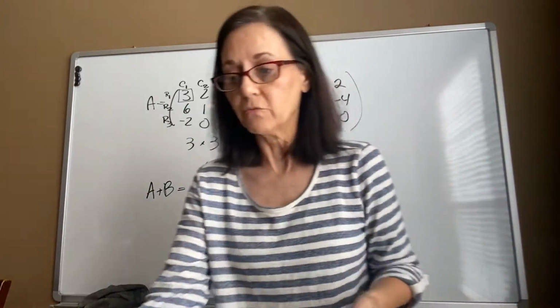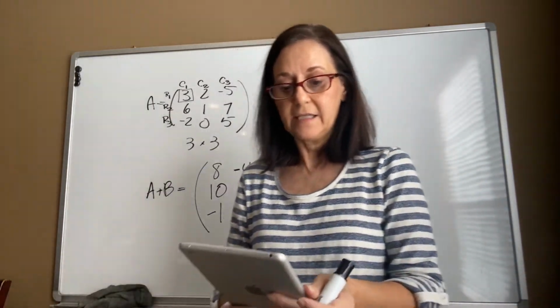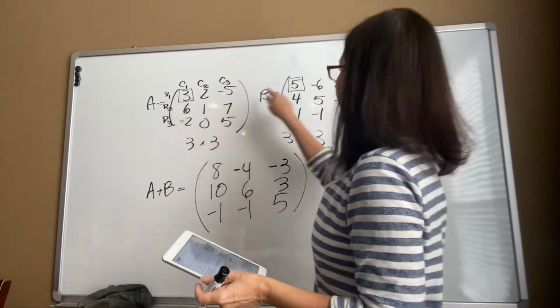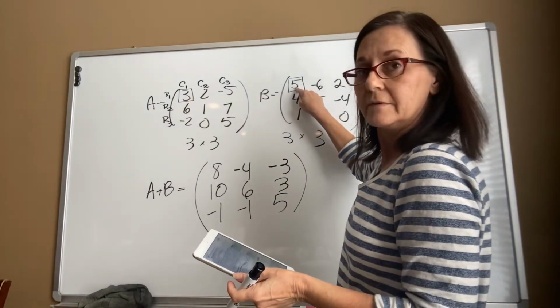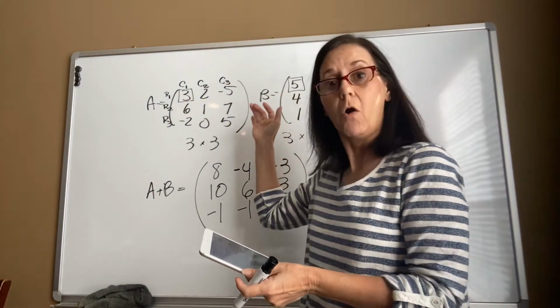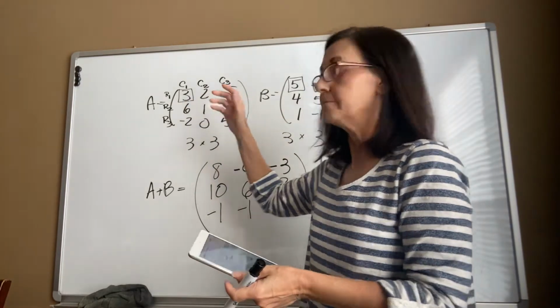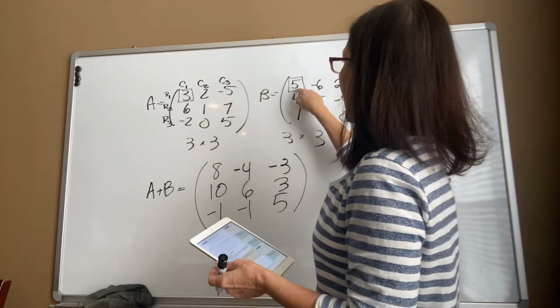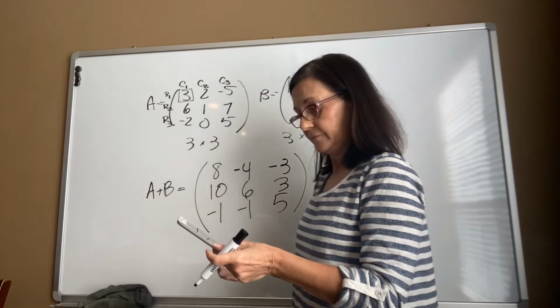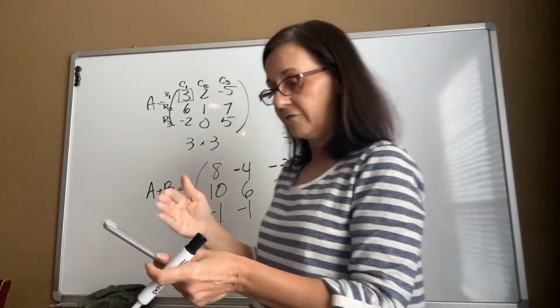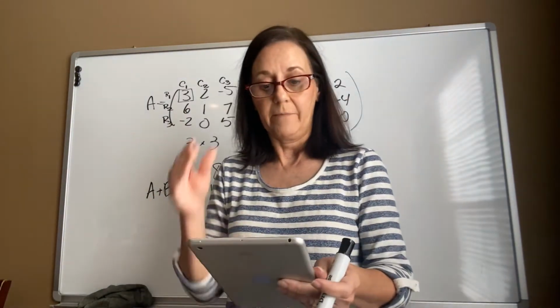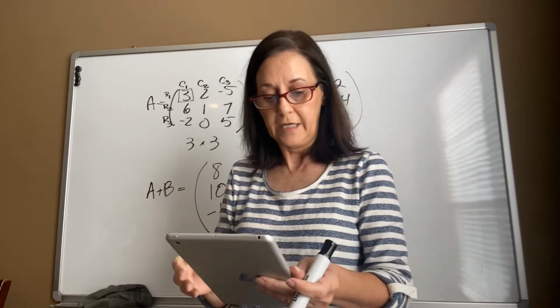And subtraction would be the exact same way. You would do 3 minus 5. I could do A minus B, or I could do B minus A, right? 3 minus 5 would be negative 2, right? And you can follow through that example in your textbook, all right?